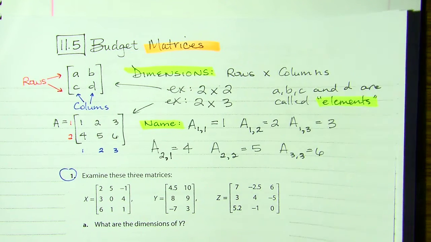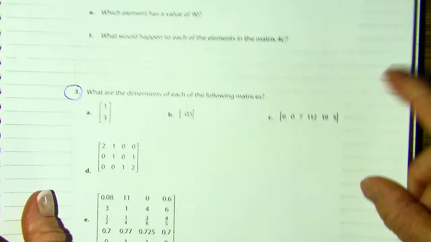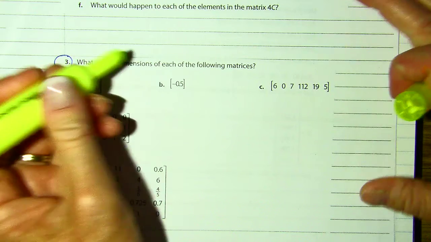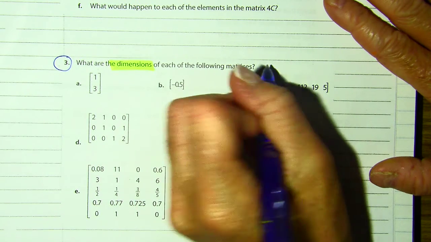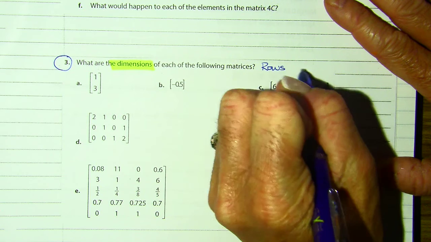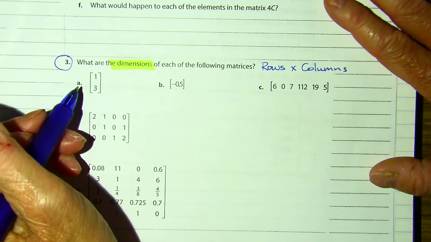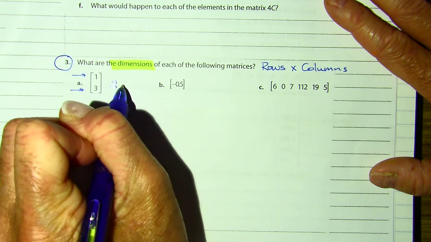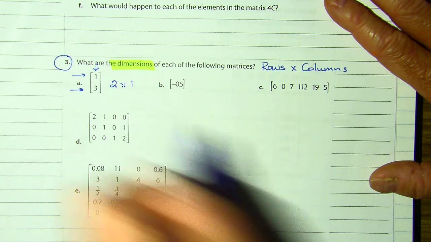So I'm going to do a couple examples just like your homework, and I'm going to kind of go out of order. So number 3, what are the dimensions? Now remember, when we talk about dimensions, we're going to number the rows by columns. So in part A, I have 2 rows, but I only have 1 column. So this would be called a 2 by 1.